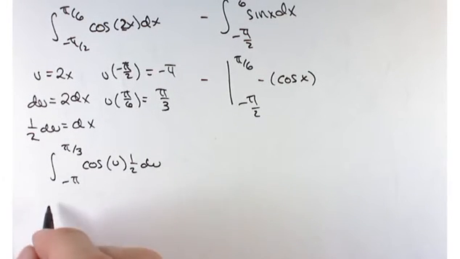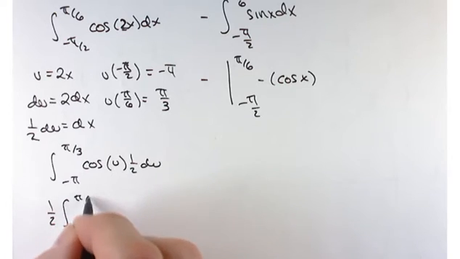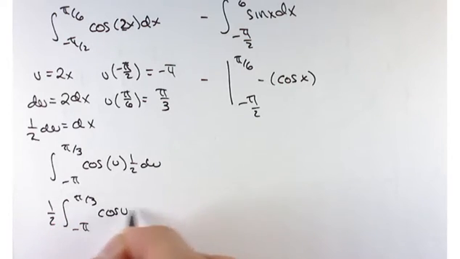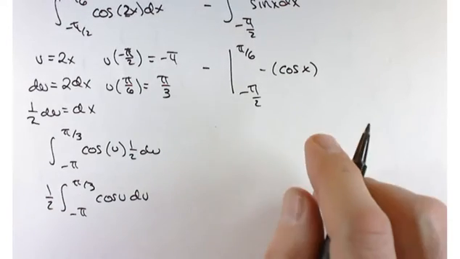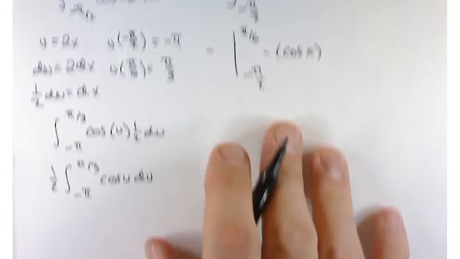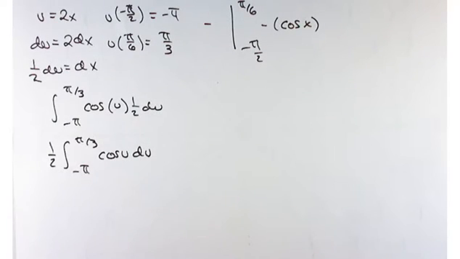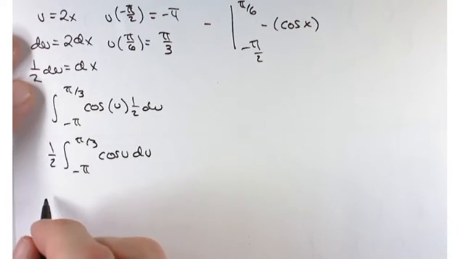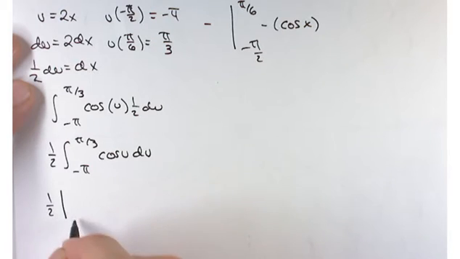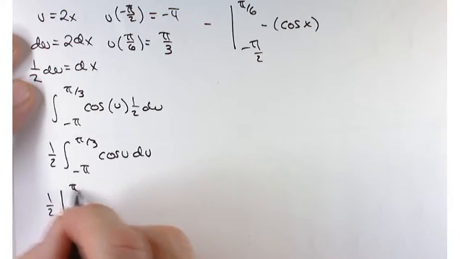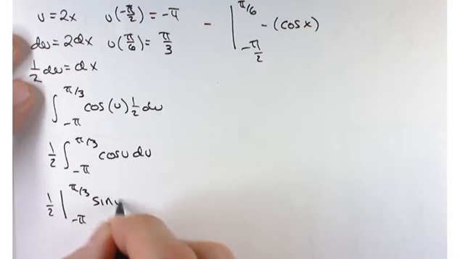You can factor that 1/2 out in front, doesn't matter. But now I need the integral of the cosine of u. Sine of u. Yeah, this is the nice one. So 1/2 times the sine of u from negative pi to pi over 3.